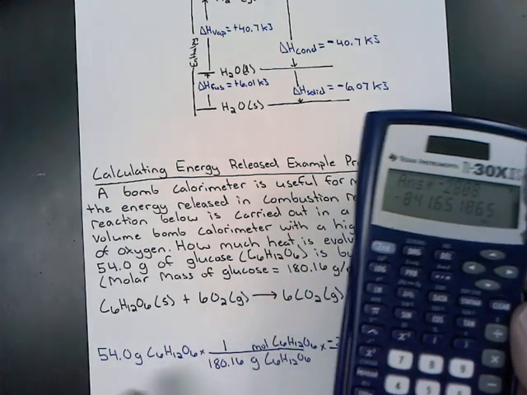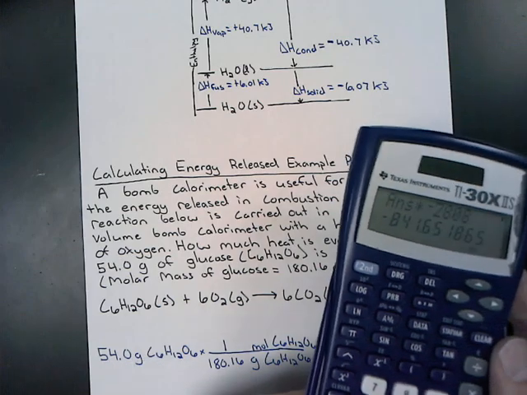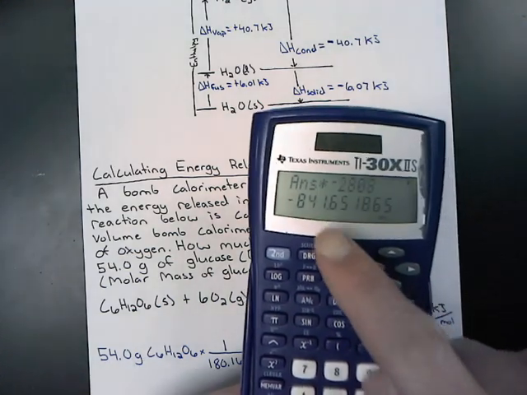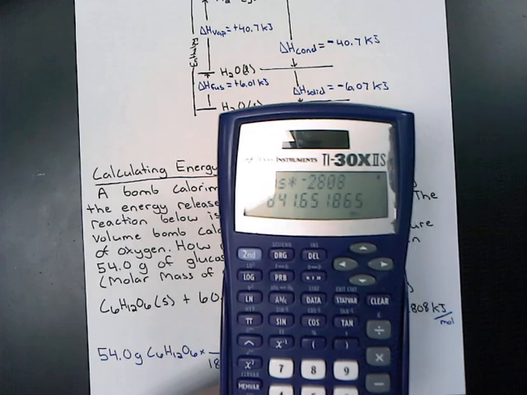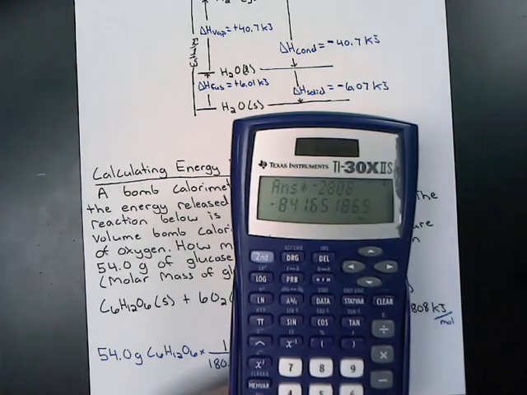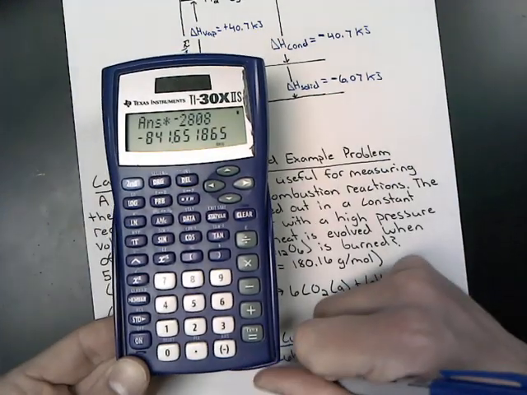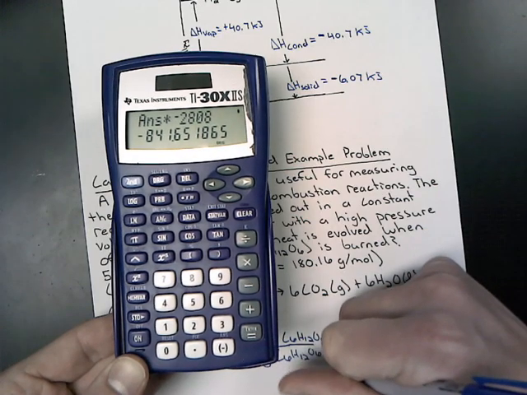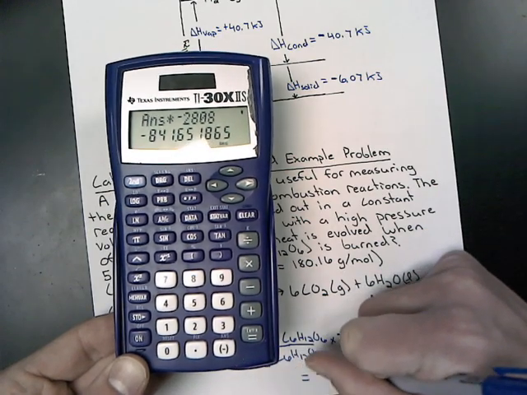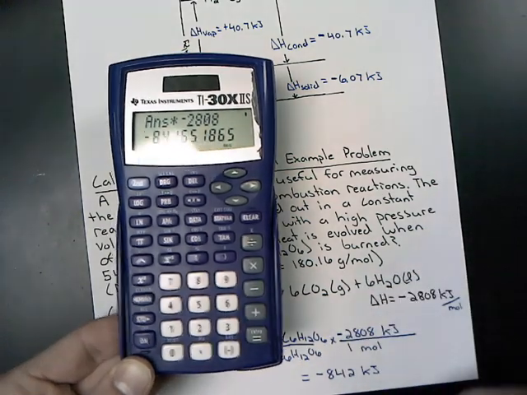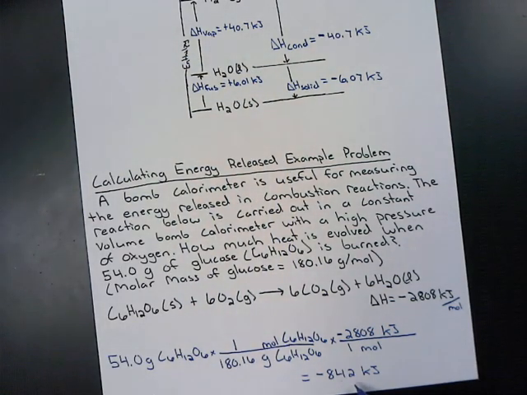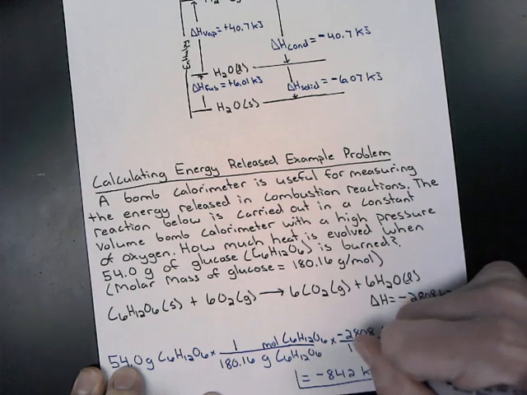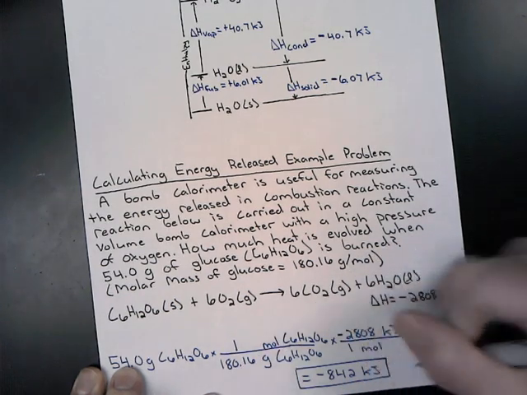So my answer when I burn 54 grams of glucose is negative 842 kilojoules of heat. And that symbol is really important. So that means 842 kilojoules, because it's negative, is released, and that becomes my answer.